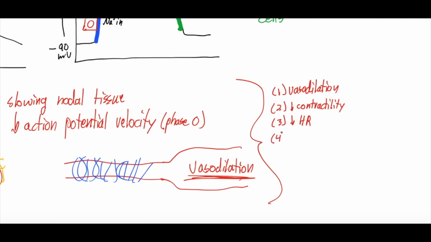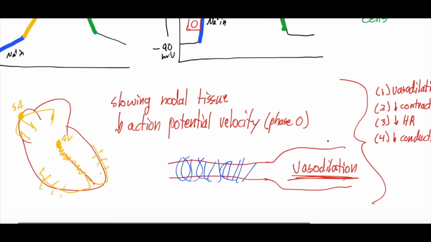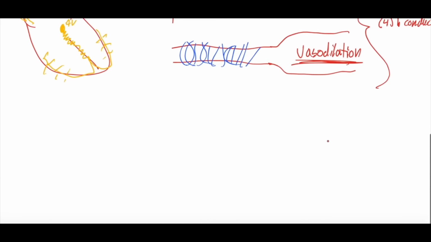And then 4, they can decrease conduction velocity. All right. Now, all calcium channel blockers are not created equal. All right, and that's what we'll discuss at the end here.